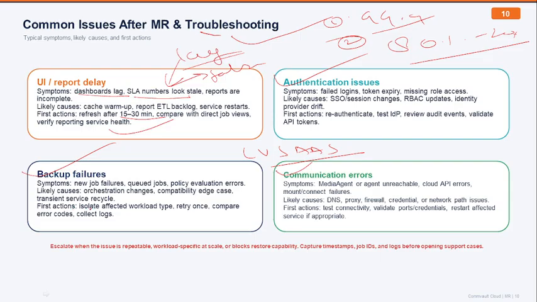There are a number of changes you can see, but a few are more important for you to monitor closely, like GUI authentication, backup failures, and communication errors. So you need to monitor after every CV SaaS update.